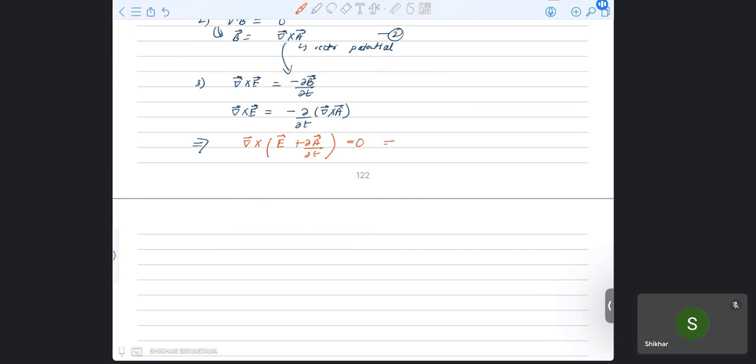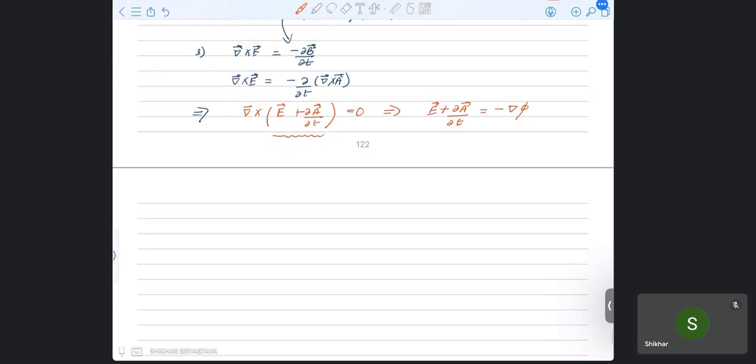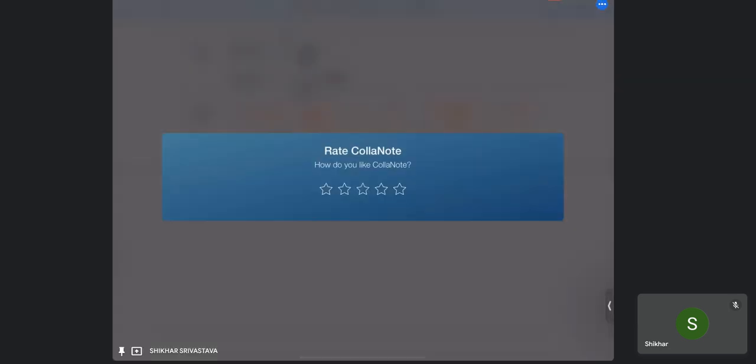Now, if the curl of anything is 0, that thing can be written as the negative gradient of a potential. From your mathematical physics course you will know that E plus del A by del t can be written as the gradient of some potential phi. So basically your electric field becomes minus grad phi minus del A by del t.